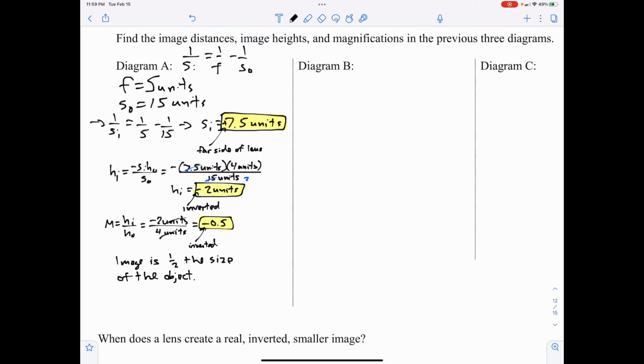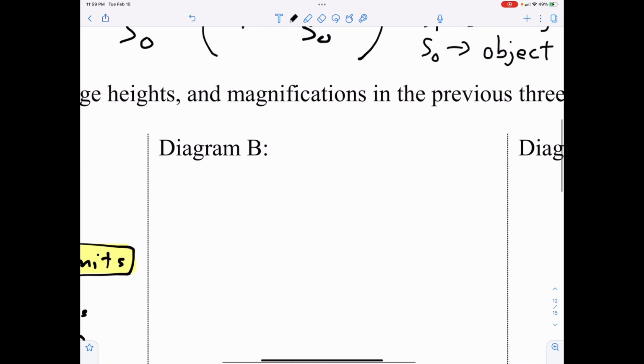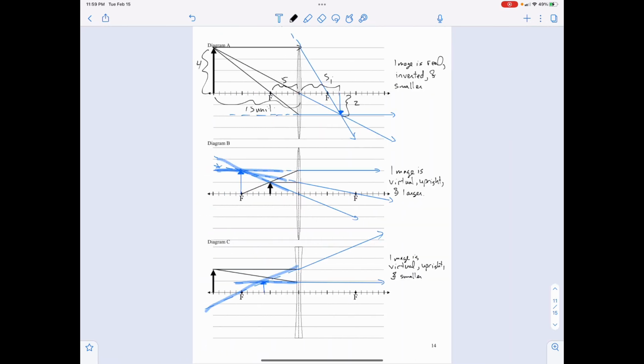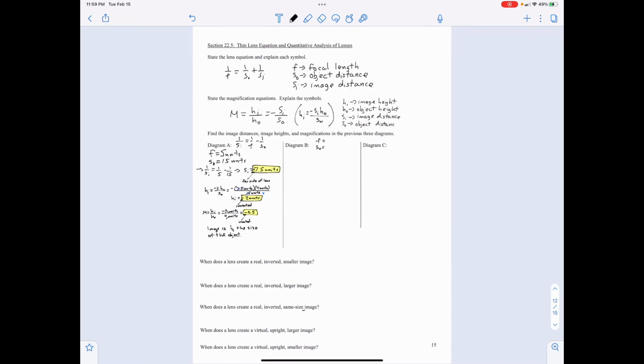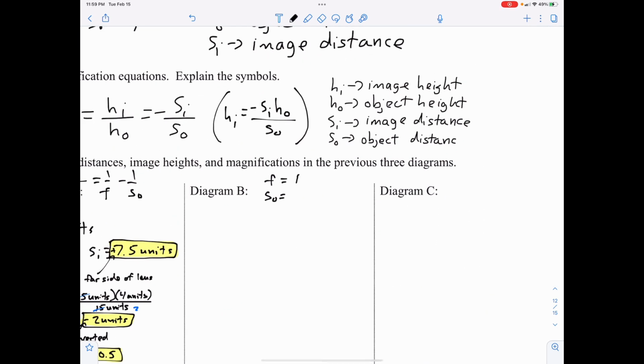Okay, now diagram B. We need the focal length and we need SO in order to complete the calculation. So for object B, the focal length is 10 units. Object is placed at 5 units.